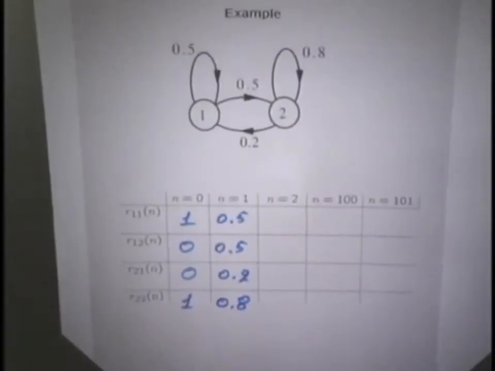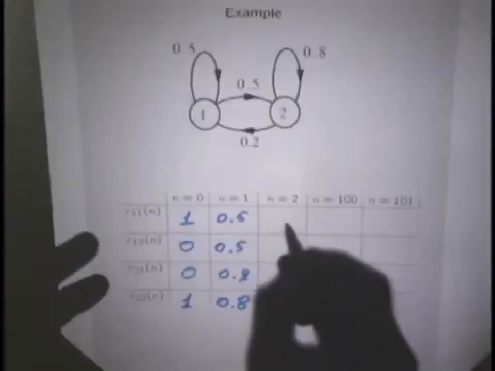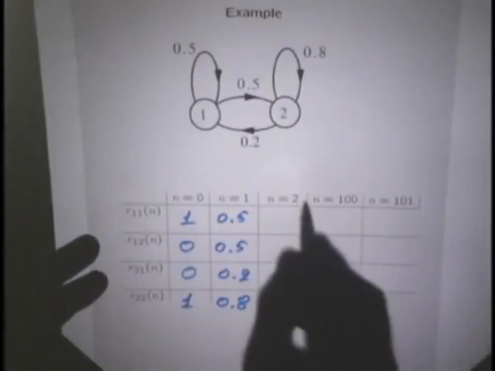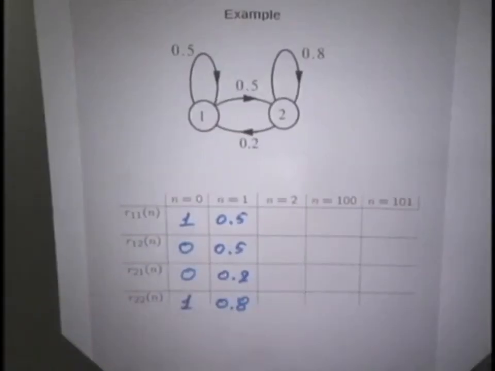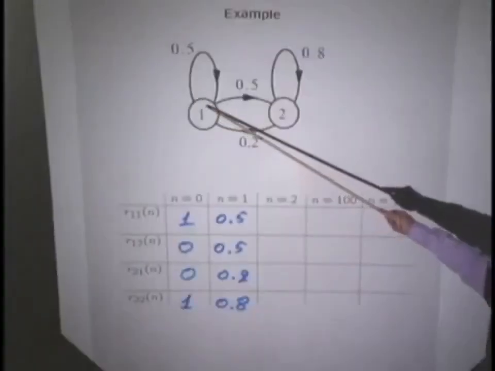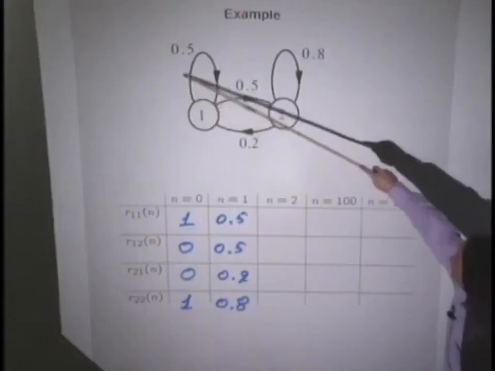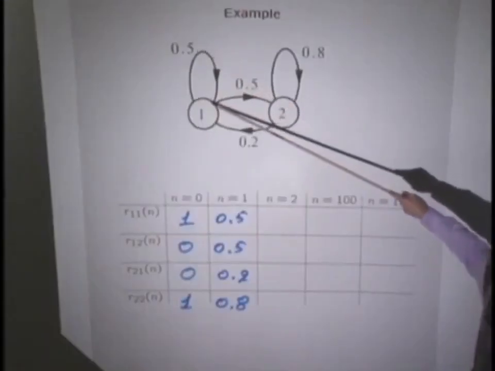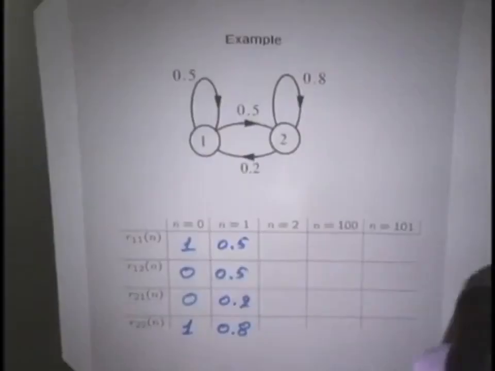Okay, so the calculation now becomes more interesting if we want to calculate the next term. How likely is it that at time 2, I find myself at state 1? In order to be at state 1, this can happen in two ways. Either the first transition left me there, and the second transition is the same.